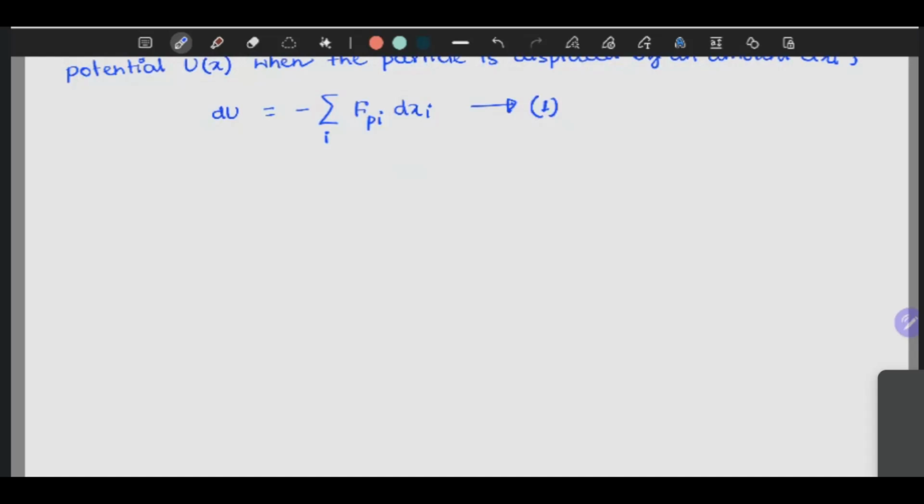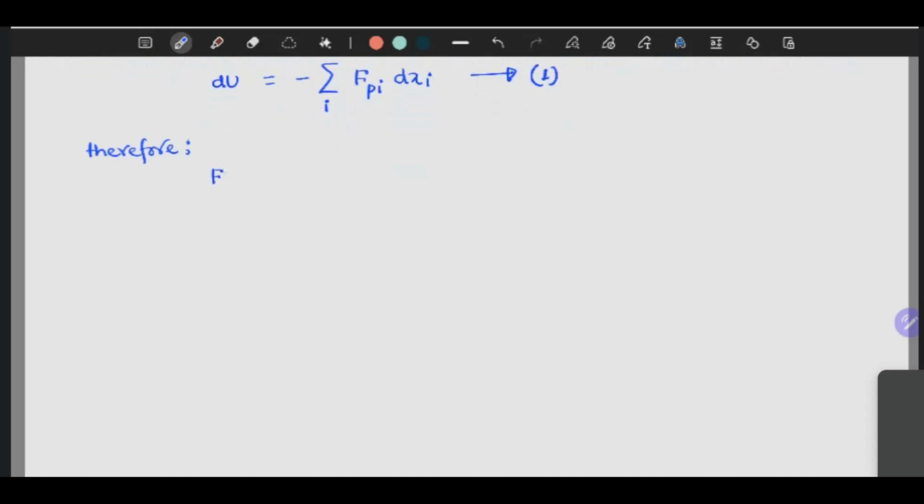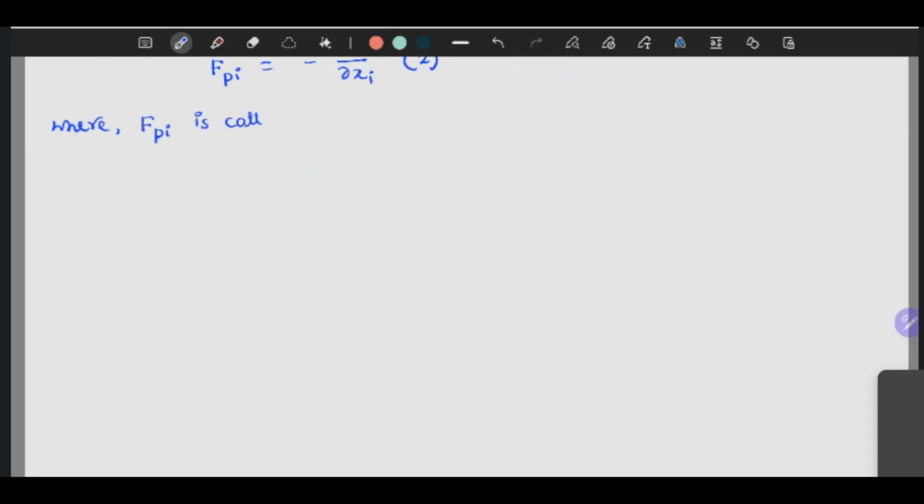and then therefore we can say Fpi is equal to minus dU/dxi, this is 2, where Fpi is called the generalized potential force conjugate to xi, because force and the variables are conjugate pairs.